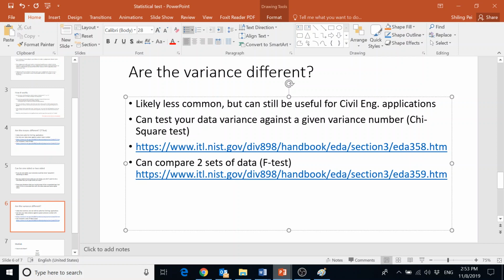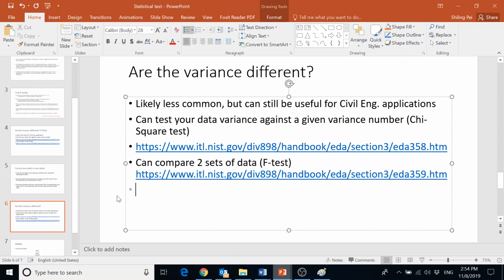You paid like $100 for a guy to look after your workers. After a couple of months, you wonder, is that $100 worth it? You can do a test to see if the variance of your concrete strength decreased before and after you had the QC guy, if it's smaller than the previous one. Or you can just test your variance against a given value, which is chi-square, and the other is the F-test.